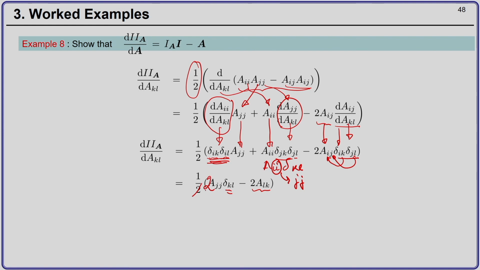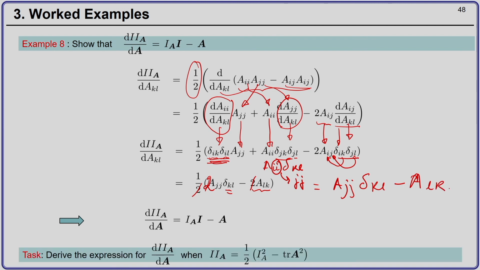Next, this 2 gets cancelled out and you are left with Ajj delta kl minus Alk. Sorry, this will be kl. So, there is a typo here, it will be Akl.